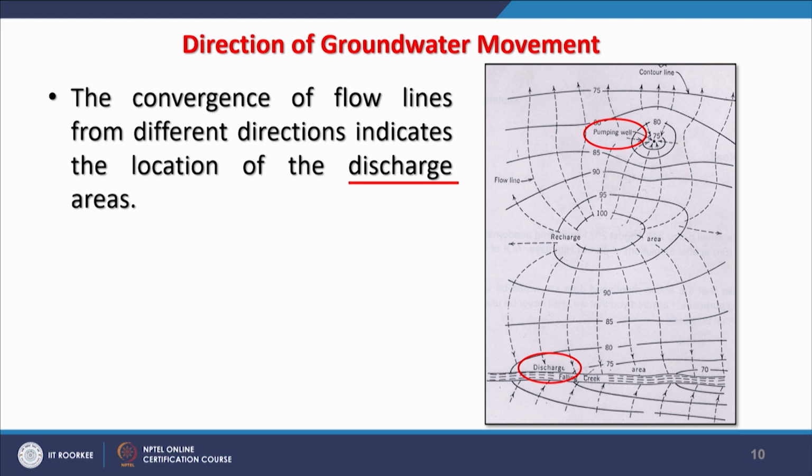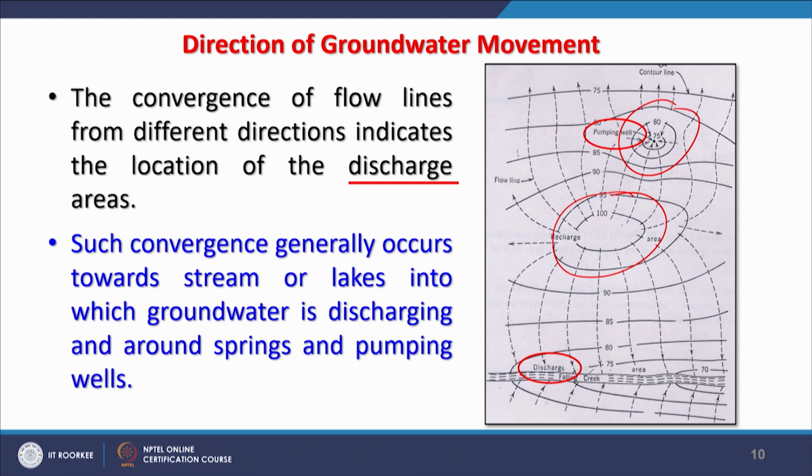So the convergence of flow lines from different directions, as we have seen in the discharge area case, indicates the location of a discharge area. But in case of discharge to a river, it is not the convergence. These lines come perpendicular to the direction of flow of the river.